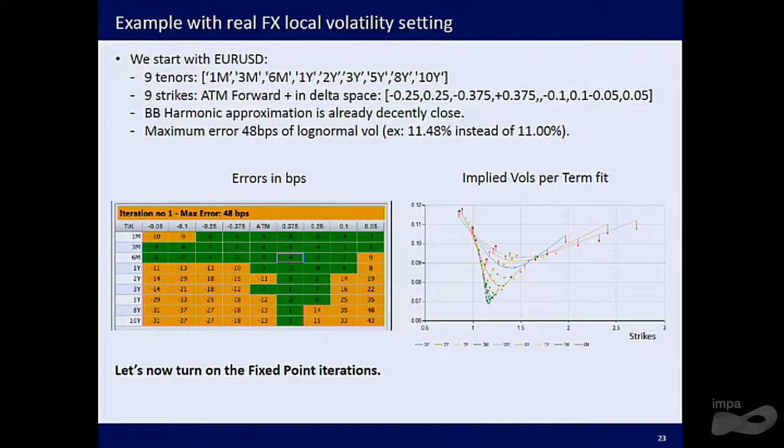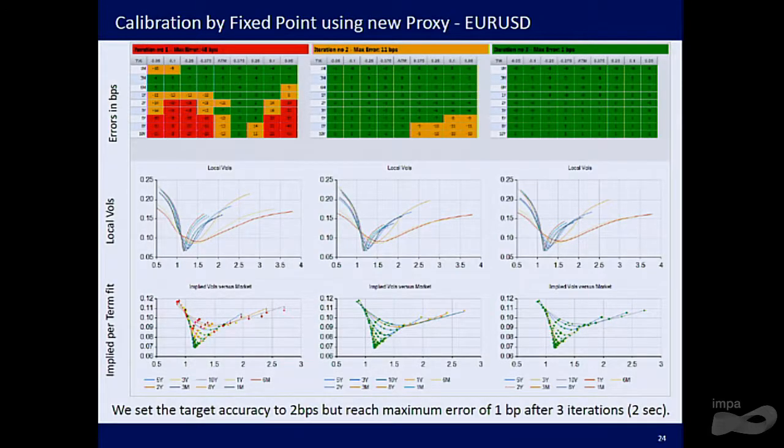Okay. But what we're going to do now is turn on the fixed point iteration. If I'm 48 bips too high, I'm going to target 48 bips lower. And what we see, sorry there's a lot of data in here, but hopefully I've put some colors. Red is bad, green is good. So we had a target of less than 2 bips accuracy, and we see that in the first iteration the worst is 48 bips, followed by 11, followed by 1.